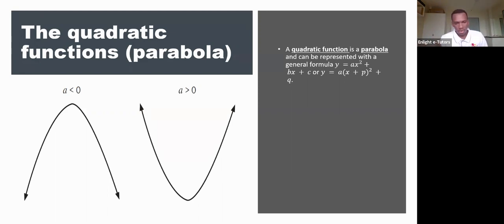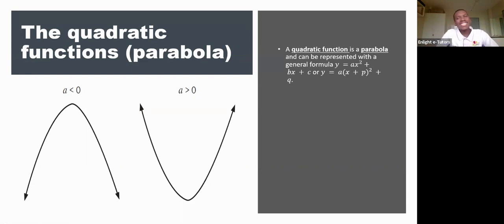You remember when we were doing function or no function, it's going to cut twice, then it's no longer a function. The usual equation of the quadratic function is ax² plus bx plus c, or y is equal to a(x plus p) squared plus q, which is probably the same thing. But the more used one is ax² plus bx plus c, which is an easier one.